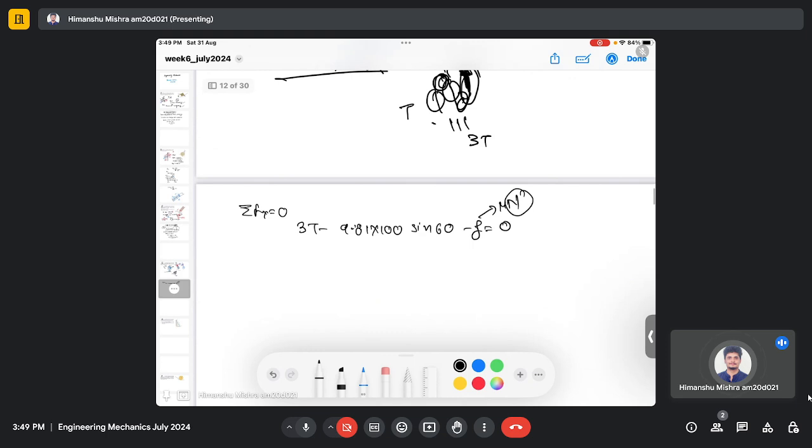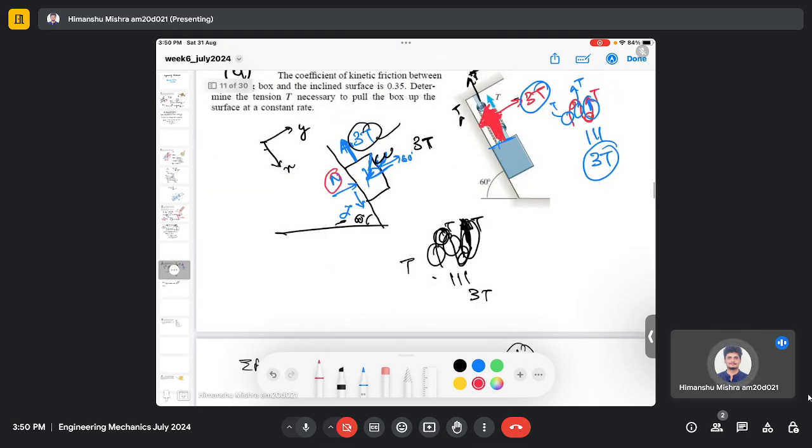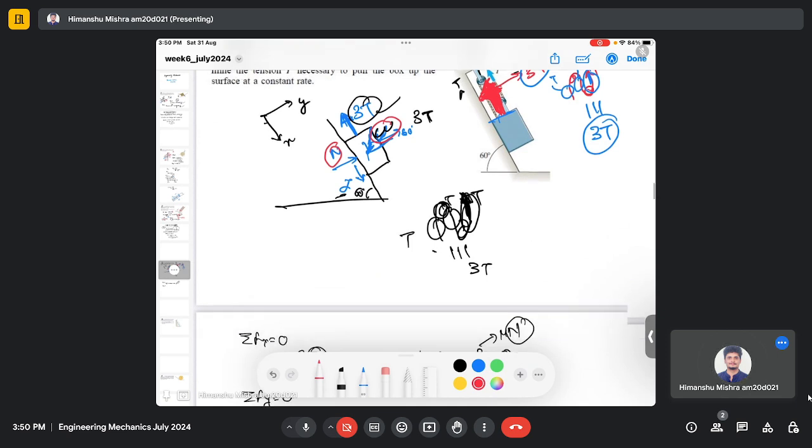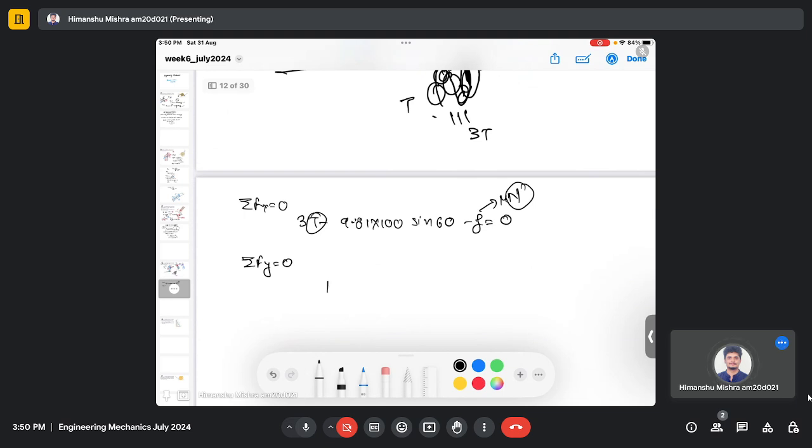One unknown is the normal reaction force, and another unknown is this tension T. Now if you do the force balance analysis in the y direction, you will have this normal reaction force N and the component of the weight W. So you will have N minus 9.81 multiplied by 100 cos 60 equals 0. So you can easily find N from this expression.